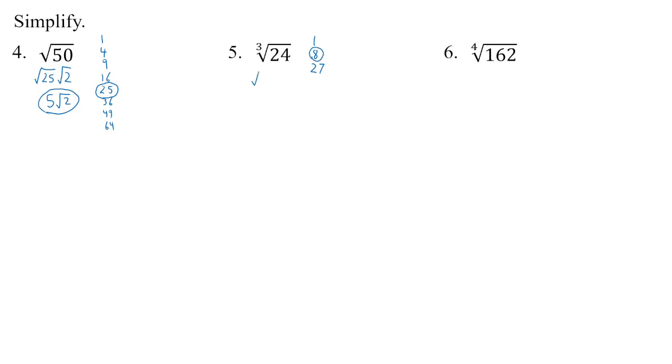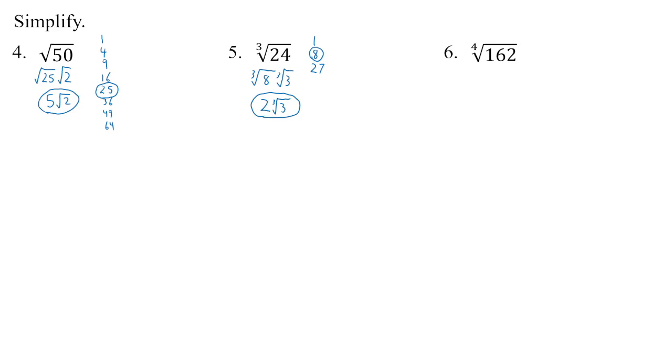So we're going to factor this as the cube root of 8 times the cube root of 3. The cube root of 8 is 2, but we cannot take the cube root of 3. Therefore, the solution is 2 times the cube root of 3.